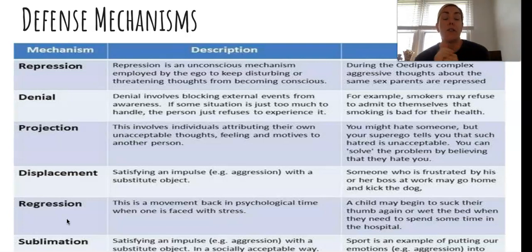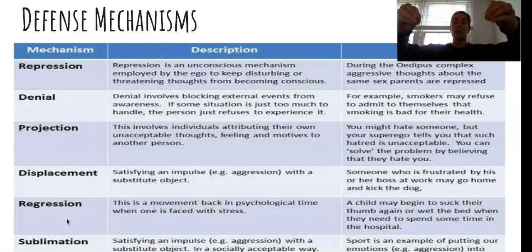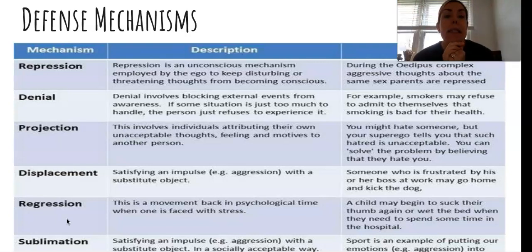Denial is you're just blocking from awareness as well. You just deny it ever happened. Projection is you're taking your feelings and you're projecting them on someone else. Displacement is that aggression towards someone else. So if you're mad at your teacher, you come home and you kick your dog even though your dog didn't do anything. You're mad at them, so you displace your feelings.